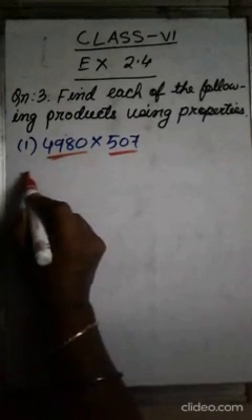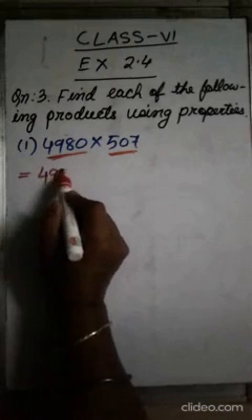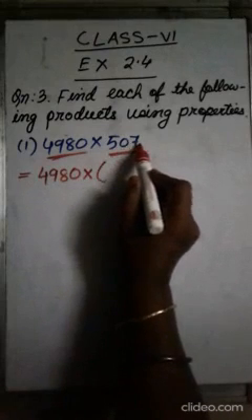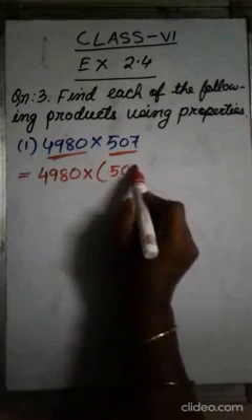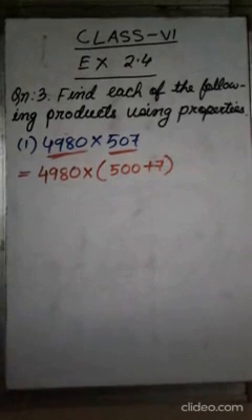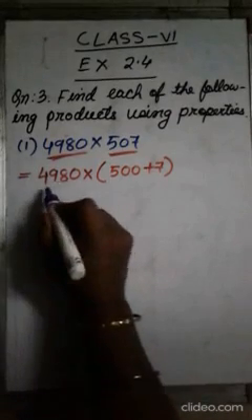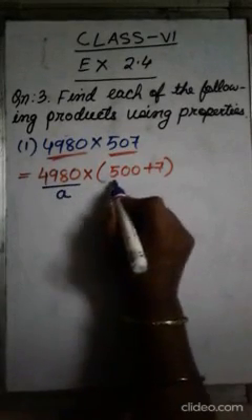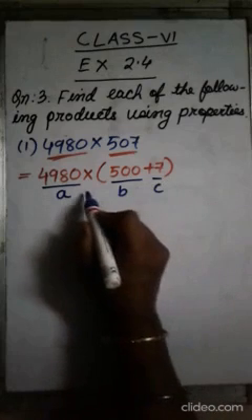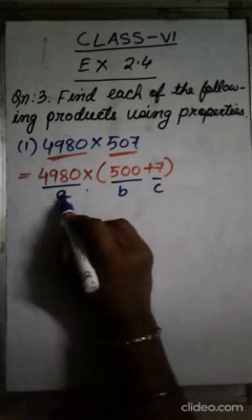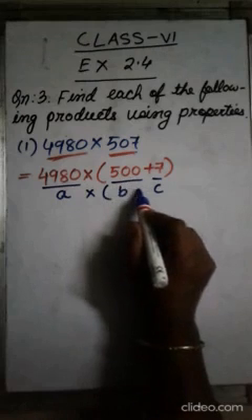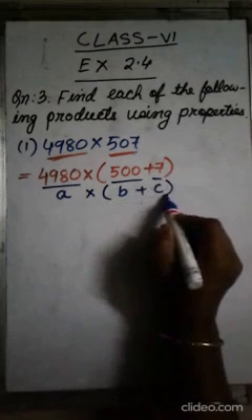I can write this as 4980 into, I can break this 507 as 500 plus 7. If I give the name A to 4980, B to 500 and C to 7, I can see that it is nothing but A into bracket B plus C bracket close.